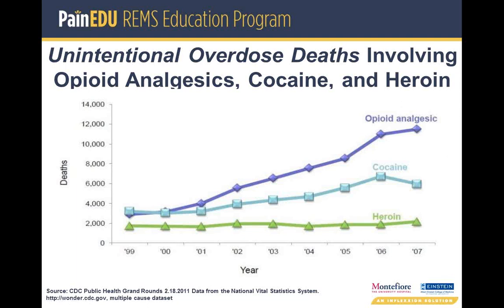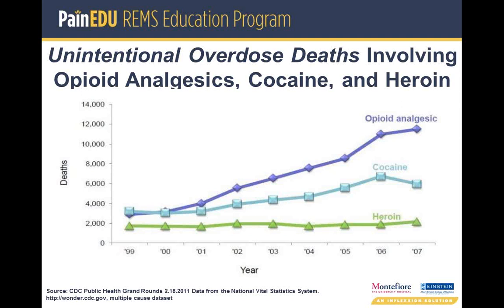And here we are now at the opposite end of the spectrum, where unintentional overdose deaths for opioid analgesics have surpassed significantly the unintentional overdose deaths for both cocaine and heroin.